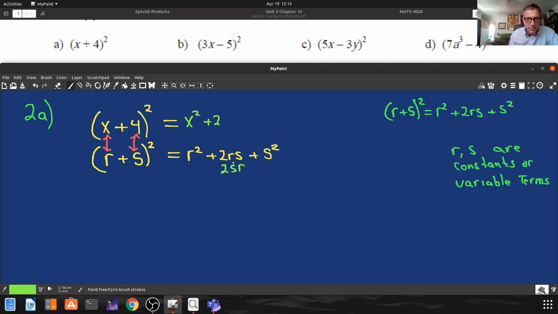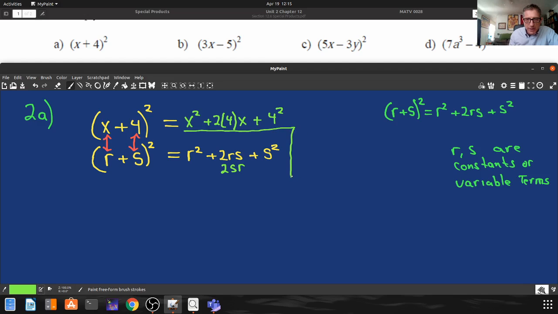That's the commutative property. So in this case, my s is my constant term, so I'm going to put it and multiply it times 4, and then I'm going to put my x, and then I'm going to put s squared, 4 squared.